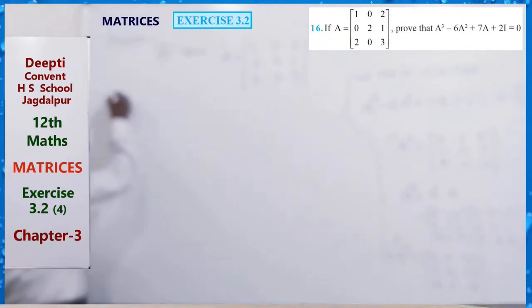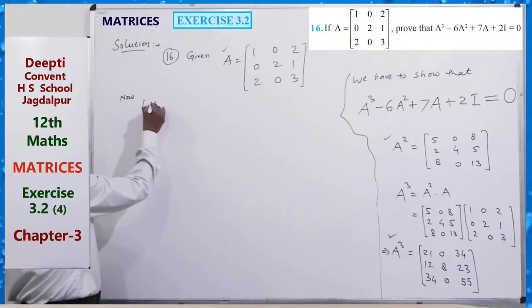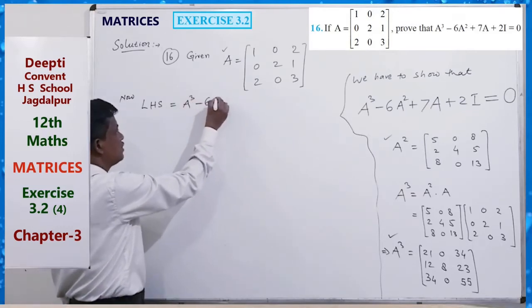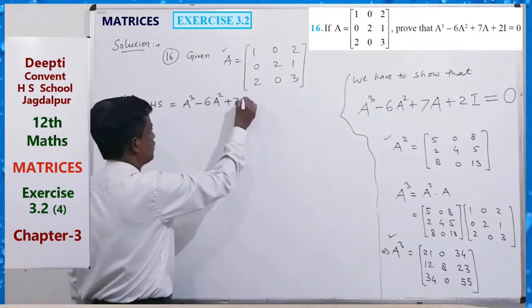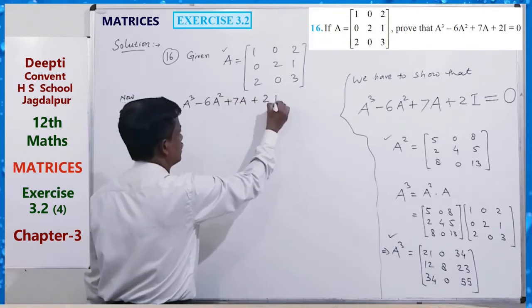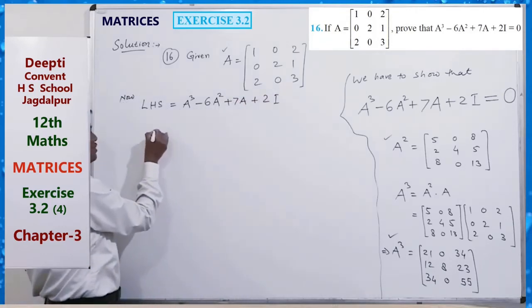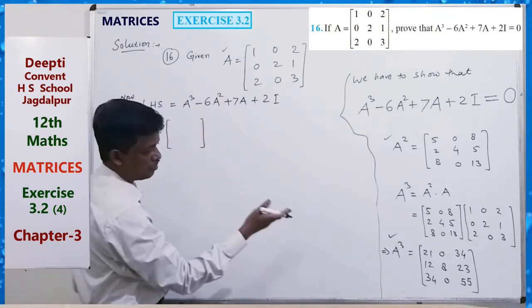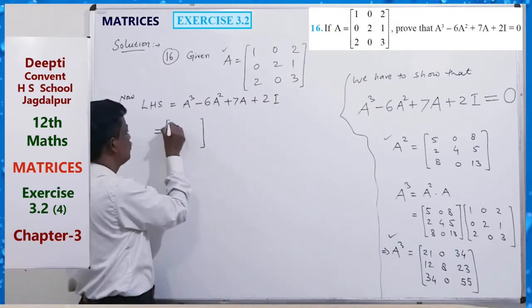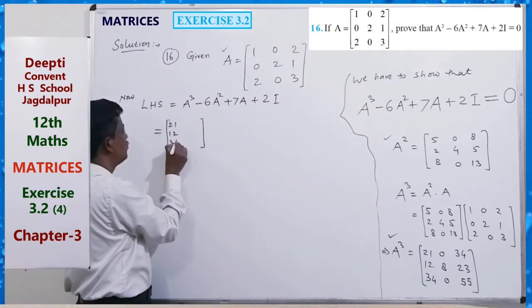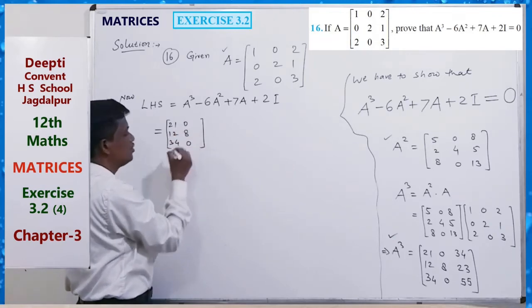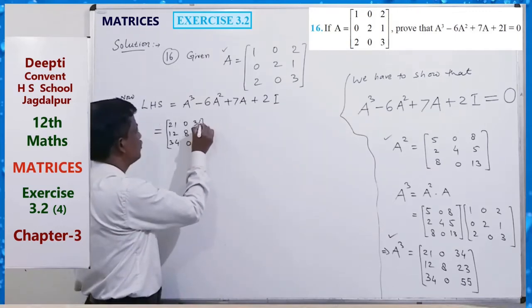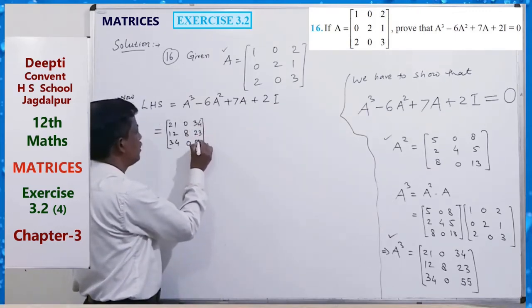Now the left hand side equals A cube minus 6A square plus 7A plus 2I. So you can write A cube: 21 12 34, 0 8 0, 34 23 55.